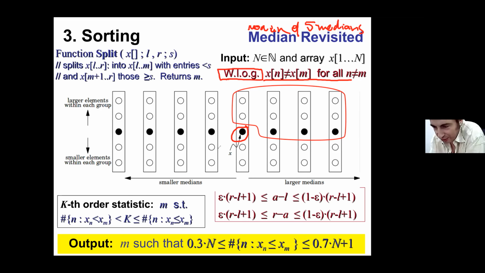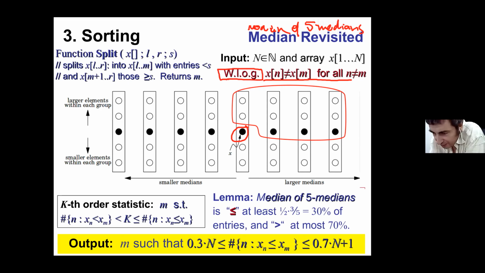And then we argued, let's say this must be here. The median of 5 medians is at least 30%, or 0.3 n, away from the boundary. The proof is simply per picture. All the elements in this red area are bigger or equal to the median, and all the elements in this area here are less than or equal to the median.